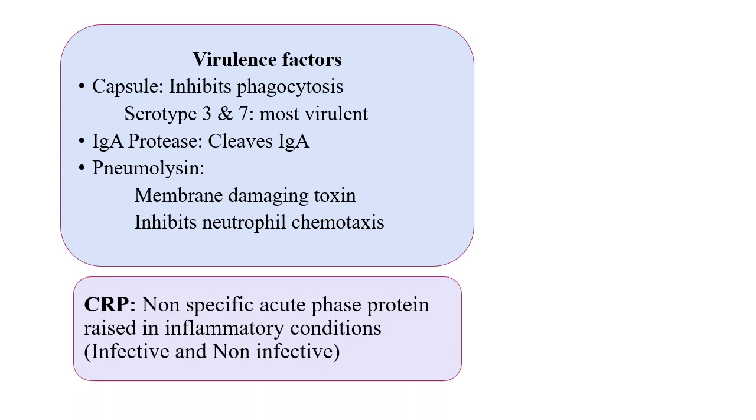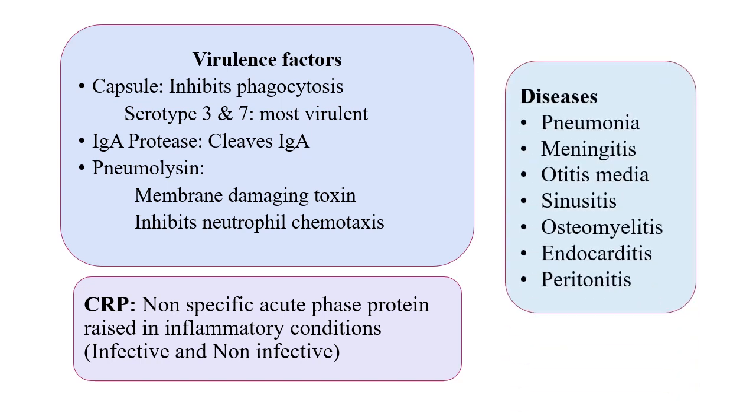CRP, C-reactive protein, is a non-specific acute phase protein raised in inflammatory conditions, both infective and non-infective, and it is a very useful tool to tell us what the prognosis is like and whether he is improving, because once the patient starts improving, CRP will come down. What are the diseases associated? Pneumonia, meningitis, otitis media, sinusitis, osteomyelitis, endocarditis, peritonitis, a whole gamut of diseases associated with Streptococcus pneumoniae.